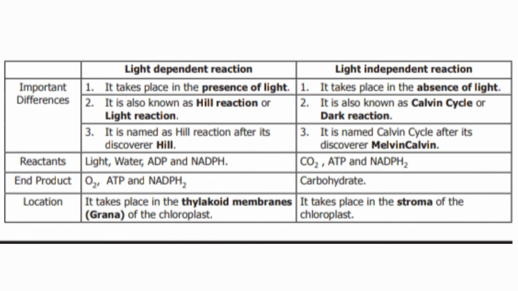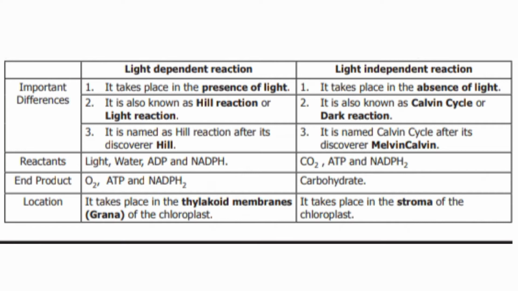First point, it takes place in the presence of light. Light independent reaction, it takes place in the absence of light. Light dependent reaction, it is also known as Hill reaction or light reaction.